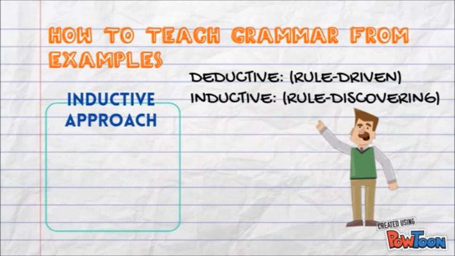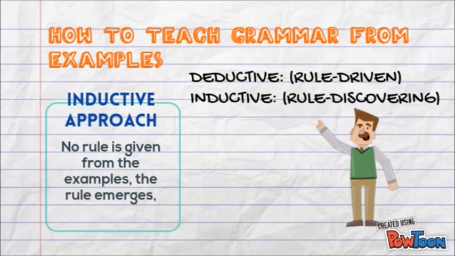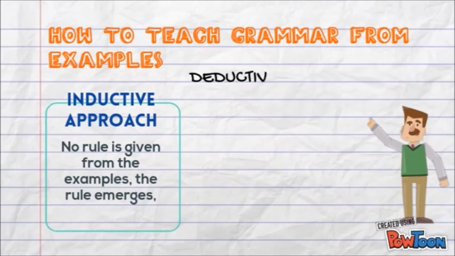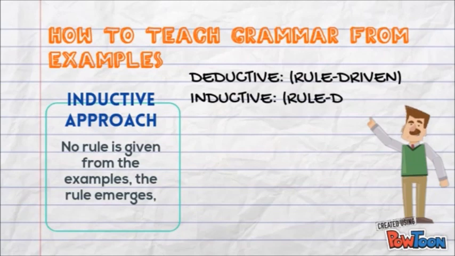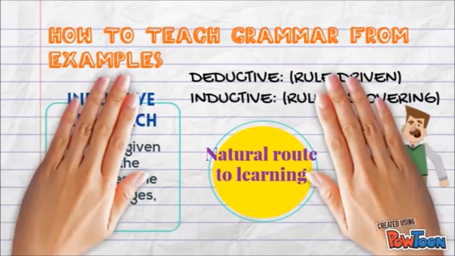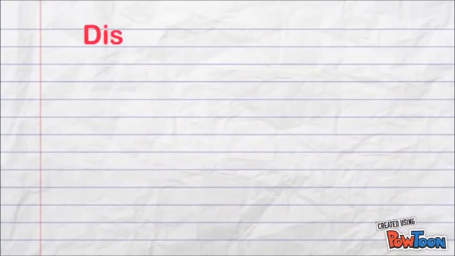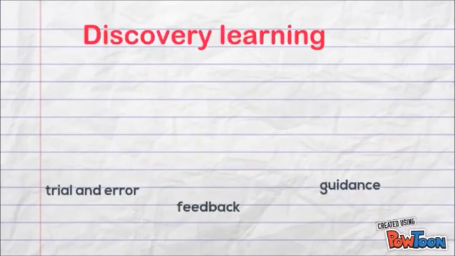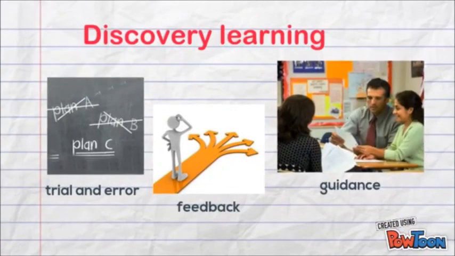The inductive approach is the way in which, without having met the rule and with just having had examples, the learner can understand and learn the rule. It is discovery learning, or in other words, a natural road to learning. Discovery learning has three factors: trial and error, feedback and guidance.